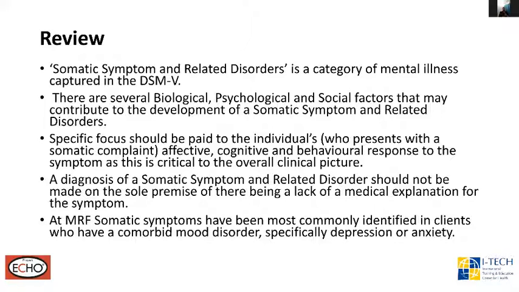Next, there are several biological, psychological, and social factors that may contribute to the development of a somatic symptom and related disorder. Next, specific focus should be paid to the individual's affective, cognitive, and behavioral response to the symptom, as this is critical to the overall clinical picture.